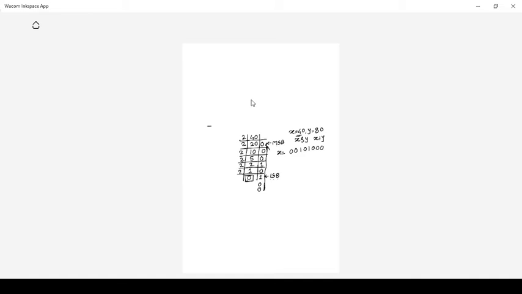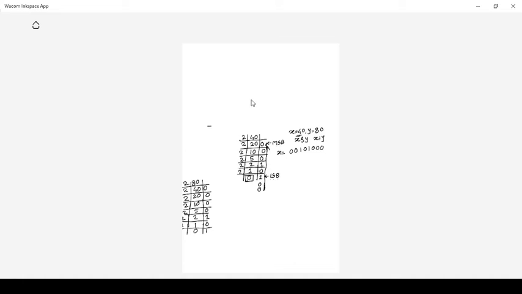Let me write it for 80. Again it is 40, remainder 0. Again 20, remainder 0. Divide to get 10, remainder 0. Do the same way, dividing by 2 and writing the quotient and remainder. Again 2, the remainder is 1, then 1 and 0, and for the remaining, 0 and 1.